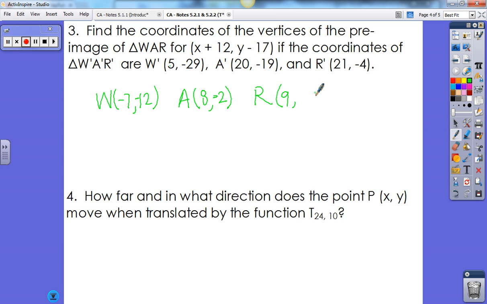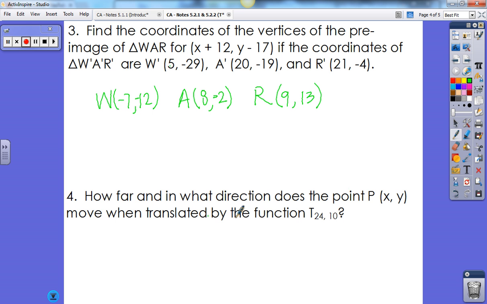And then negative 4 plus 17 is going to be 13. So basically I did it backwards, whereas in the previous ones I was given this and I went to W prime, A prime, and R prime. Here I went backwards.